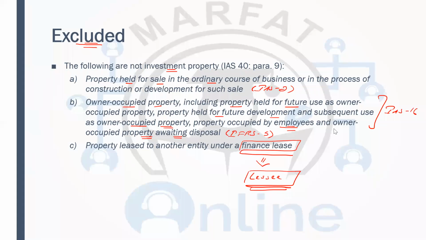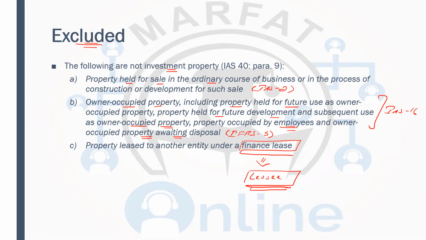So just to summarize it, an operating lease is a rental arrangement in which the lessor is going to record the asset, and those assets will be recorded under IAS 40, and those rentals will be recorded as the rental income in the statement of profit or loss of the lessor. In the finance lease, the control of the asset belongs to the lessee.